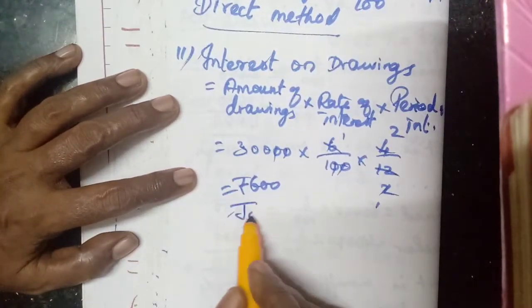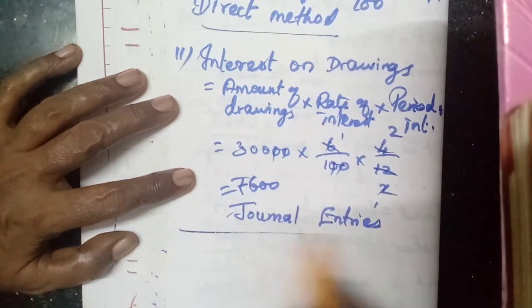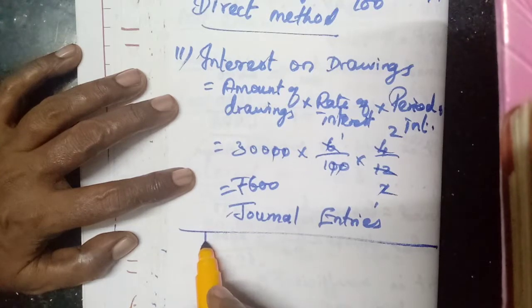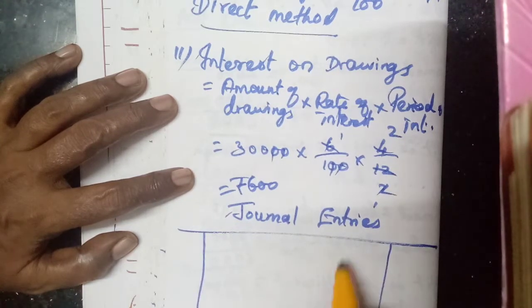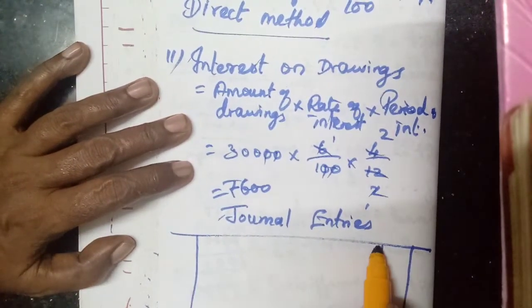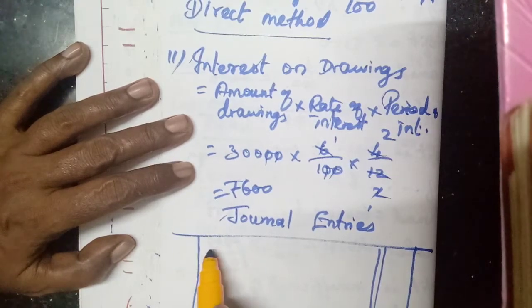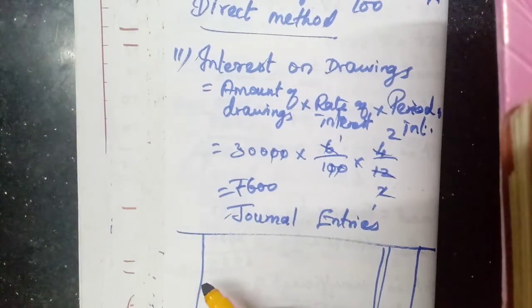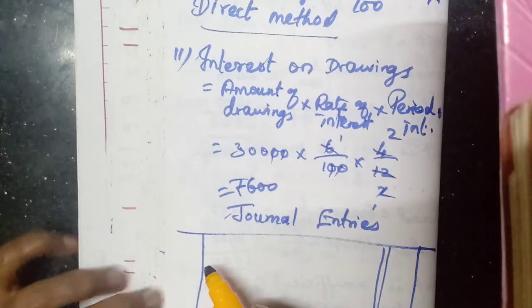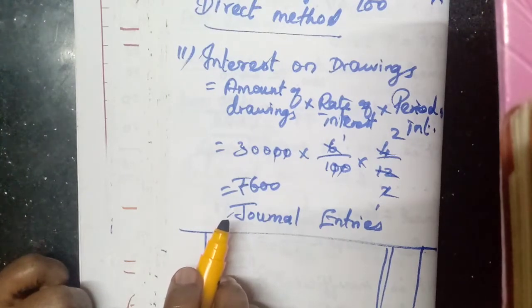Now the journal entry we have to prepare. First, which method are the partners following? Either partner's capital account or current account we have to decide, isn't it? Here they have given, show the journal entries by assuming the fluctuating capital method.